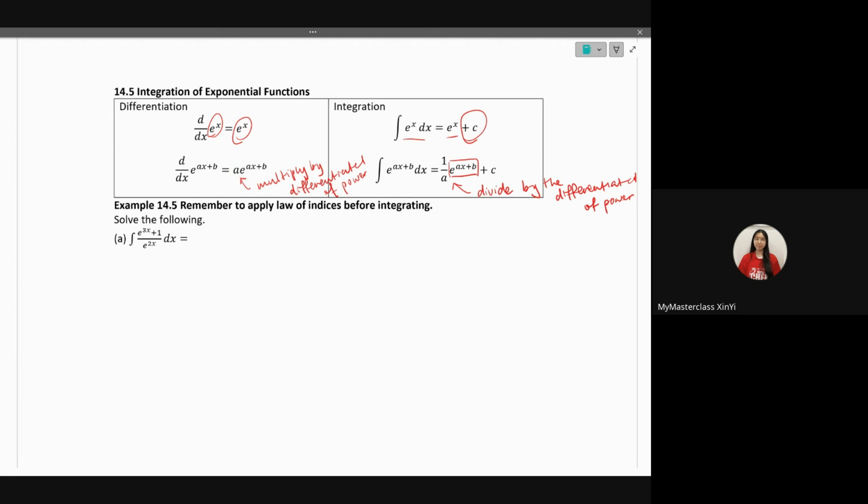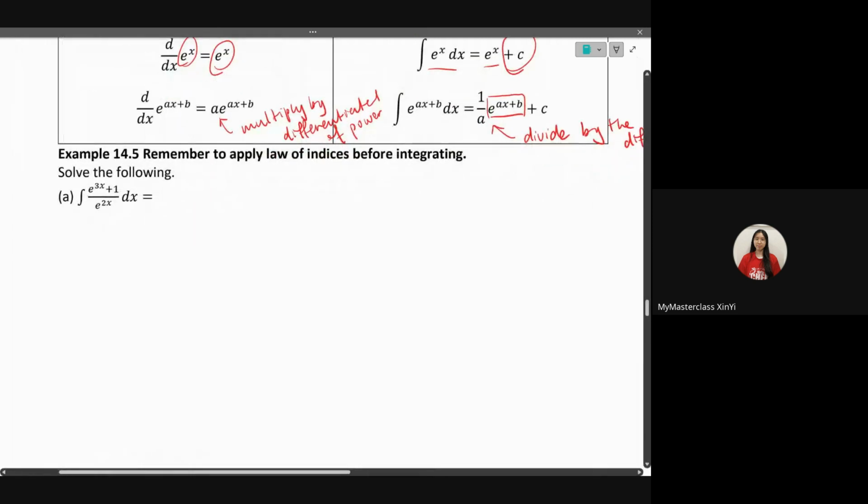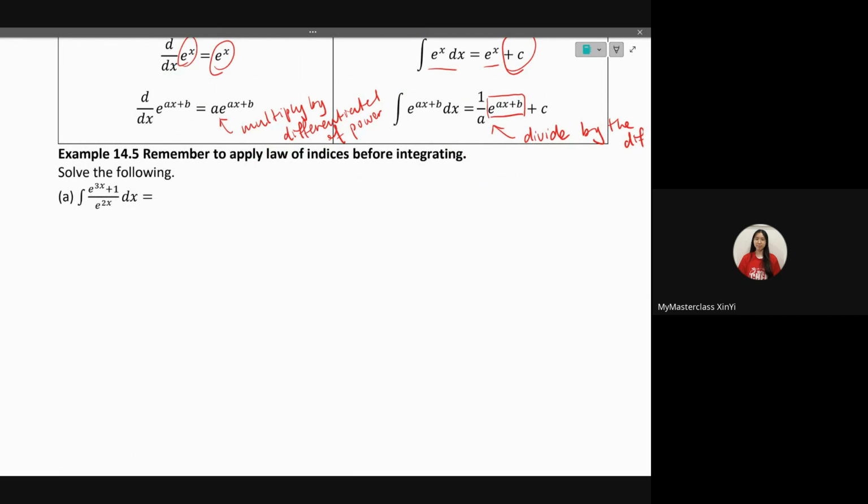Now let's do a few examples. When we want to solve the following, the integration of e to the power of 3x plus 1 over e to the power of 2x, don't look at this as the quotient rule. No such thing in integration.